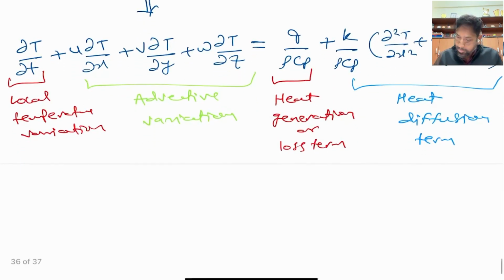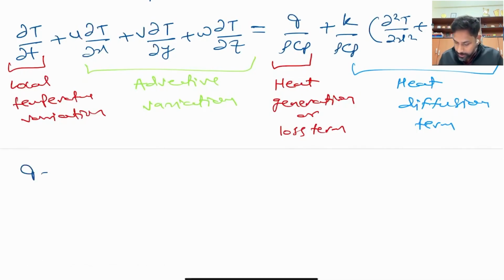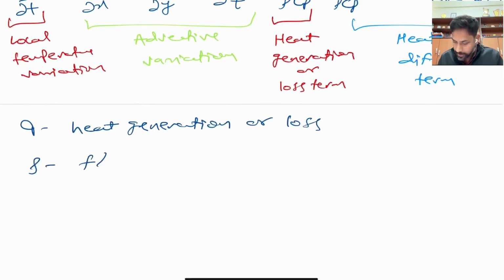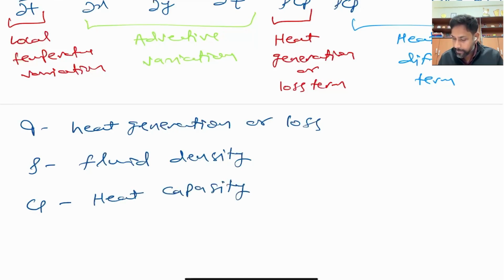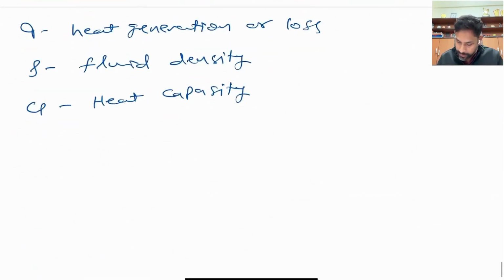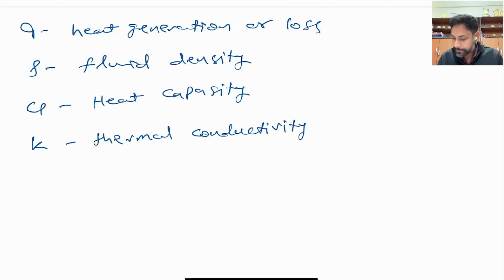Okay, so in this case, Q is the heat generation or loss. Okay, rho is the fluid density, Cp is the heat capacity. Okay, and K is the thermal conductivity.